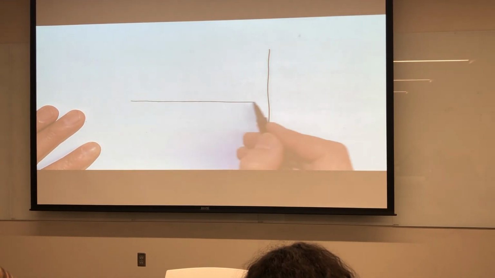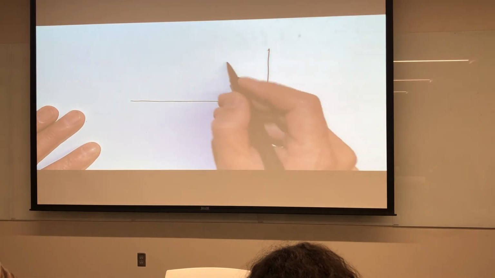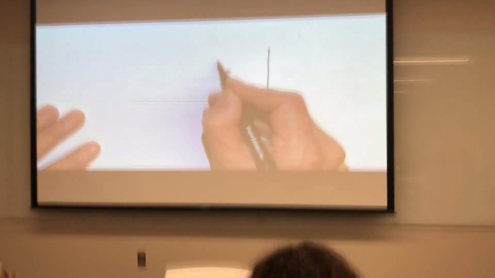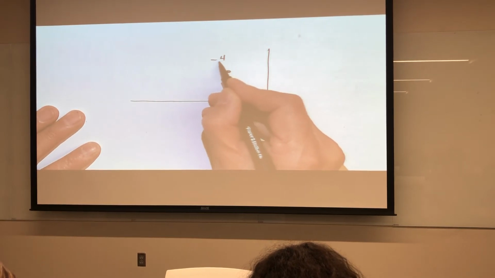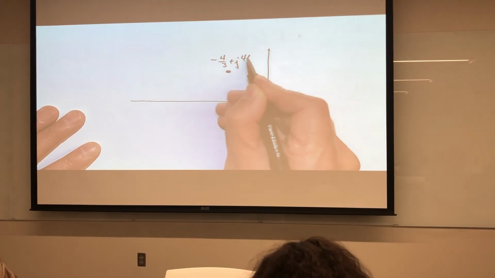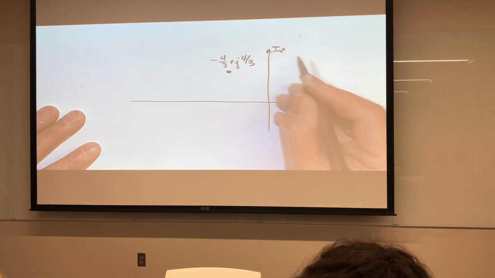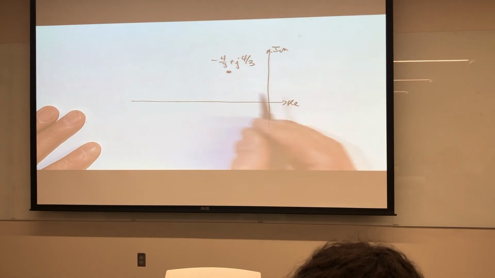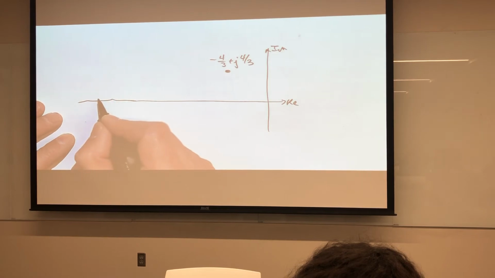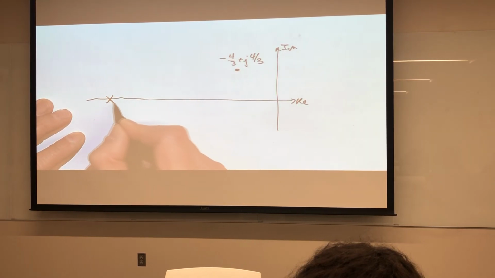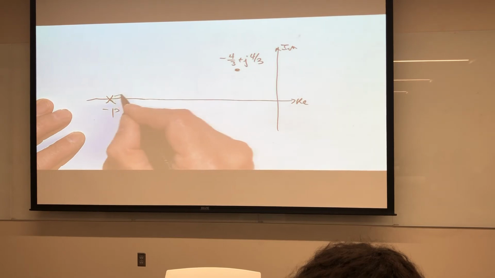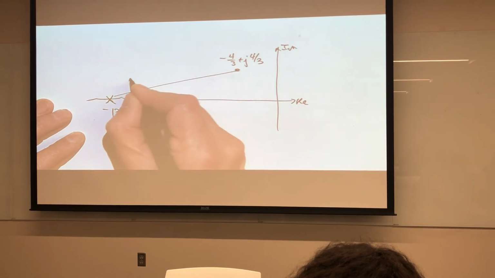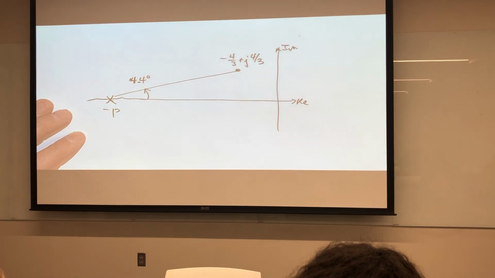Okay, so the diagram would say this. I'm going to wipe out everything that I know. This is negative 4 over 3 plus j 4 over 3. So, can you find this point?